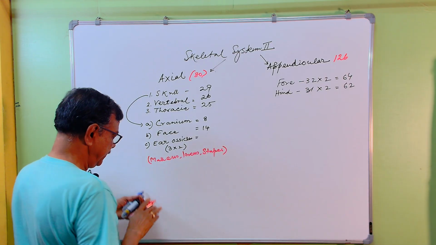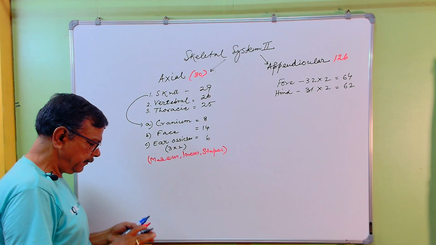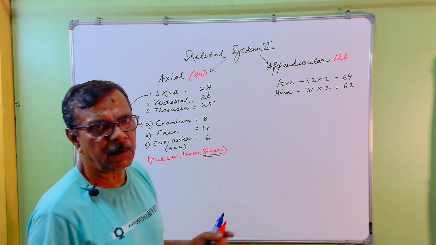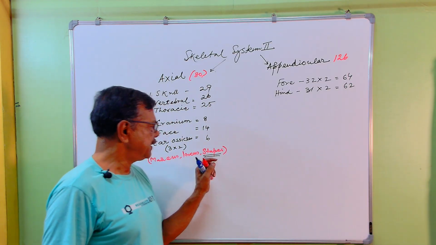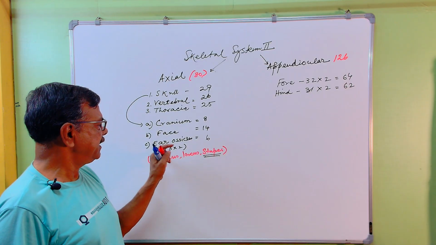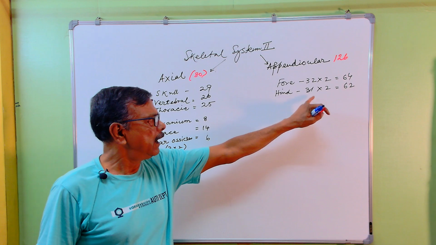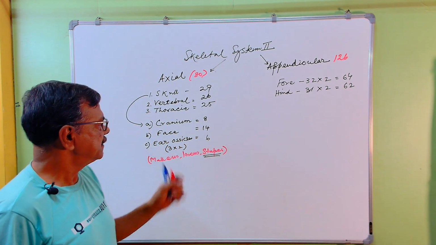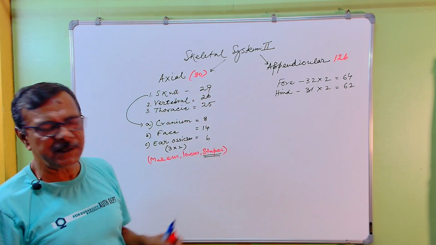On both sides, 3 into 2 is equal to 6, of which the stapes is the smallest bone of the human body. Sometimes a question may be asked, then you will simply write that the stapes in the ear is the smallest and the femur is the longest. So 22 and 6 make 28, it should be 29.